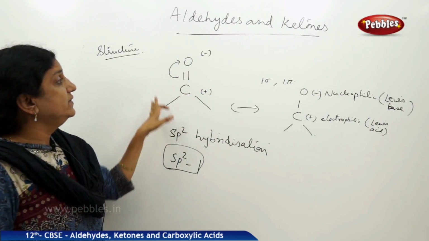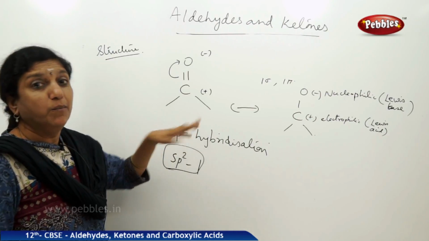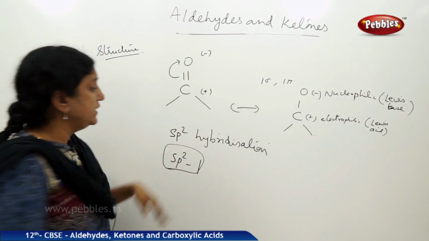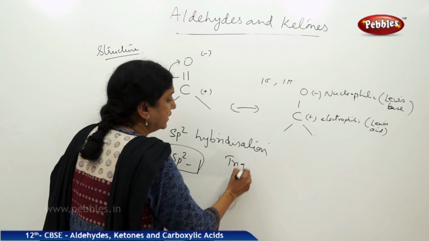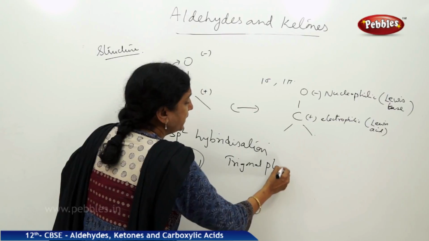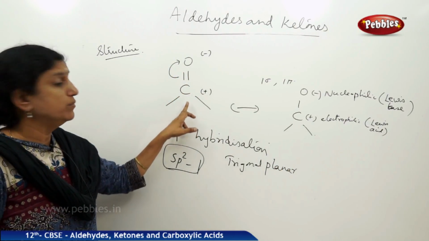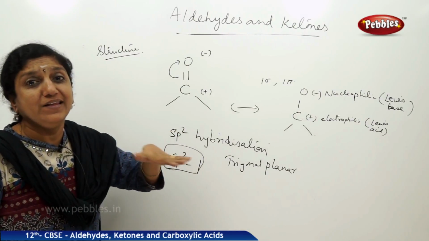That means the 3 atoms attached to the carbonyl group must be planar, because the geometry is trigonal planar for sp2 hybridization. You would expect that all the 3 atoms to which the carbonyl carbon is attached must lie in the same plane.